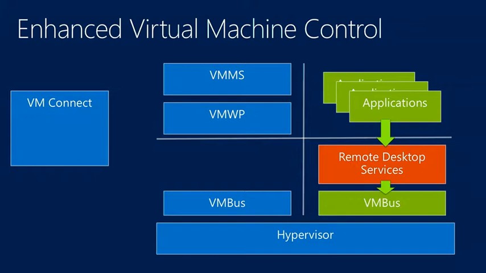And we're sending that over VM bus, and we're sending that to VM Connect. And we're now able to do end-to-end remote desktop. And what you get, experience-wise, is a remote desktop session. But you also get the robustness and availability of virtual machine control. So, pretty cool. So that's some of the forward-looking stuff.